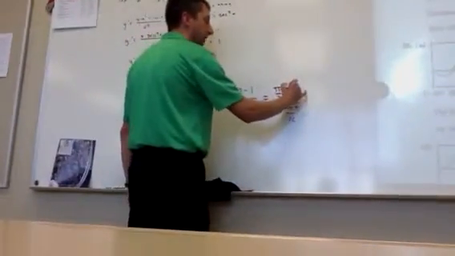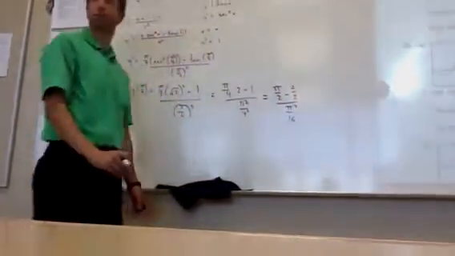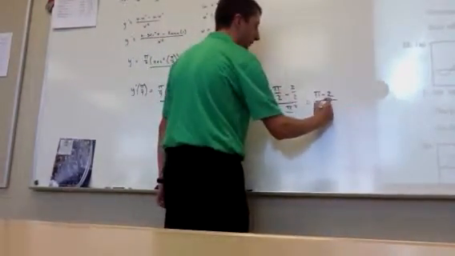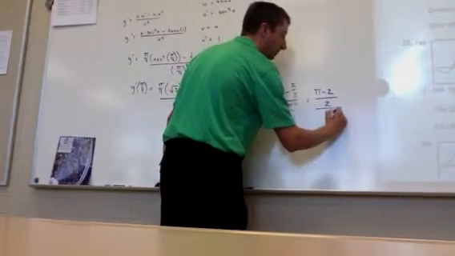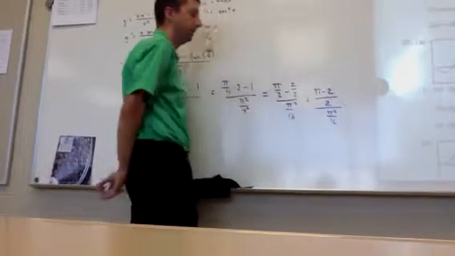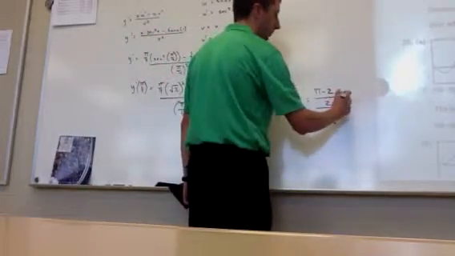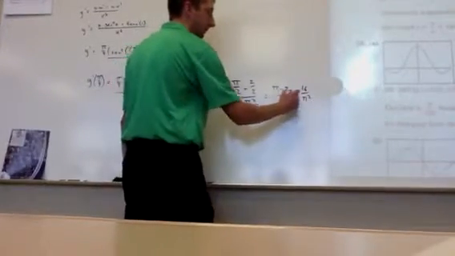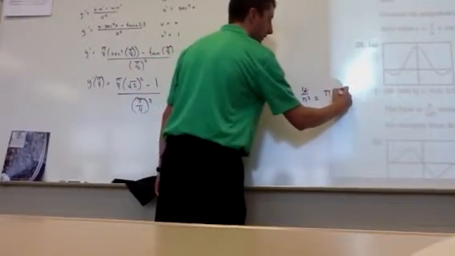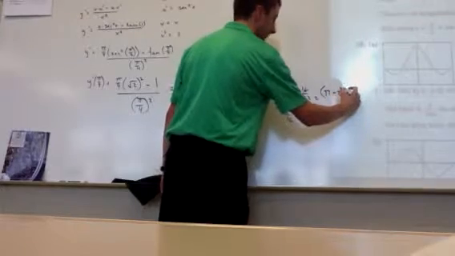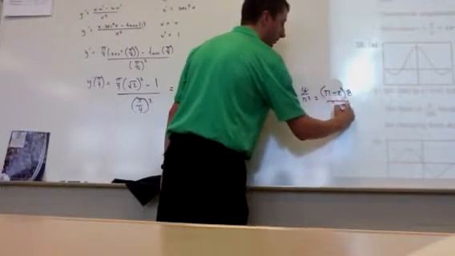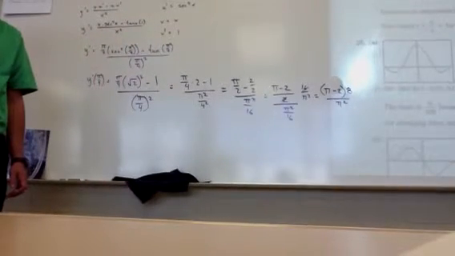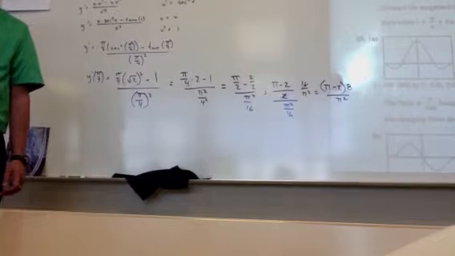So then if I go common denominator of 2 and 2, pi minus 2 over 2 all over pi squared over 16. Flip it and multiply. 16 over pi squared times pi minus 2 over 2, which gives 8 times pi minus 2 all over pi squared.